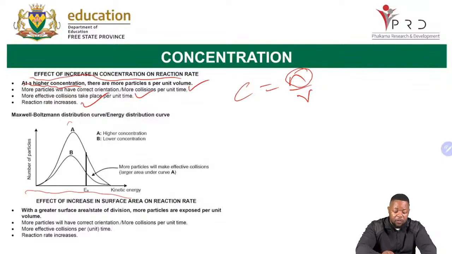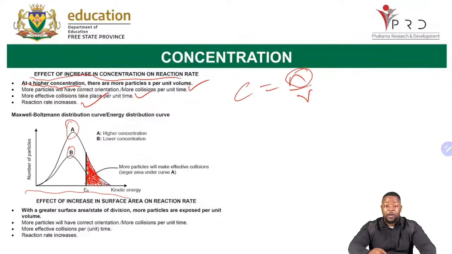The graph of A has a higher concentration compared to the graph of B. If we look at the right-hand side of the activation energy line, the area underneath the graph of B is smaller compared to the area underneath the graph of A. Therefore, at the higher concentration, there are more molecules with sufficient energy to collide effectively, and so the rate of reaction will be higher.